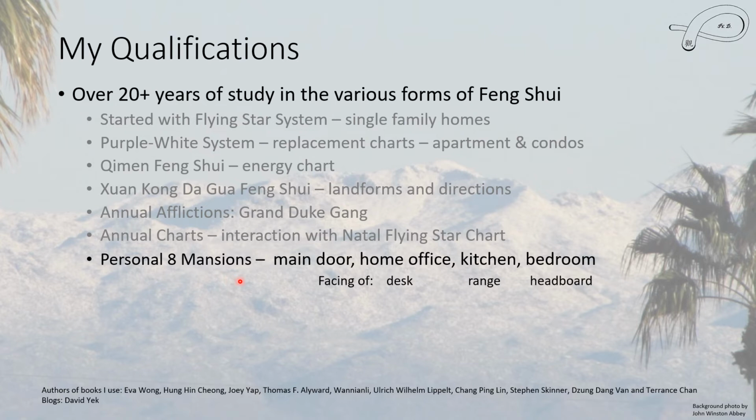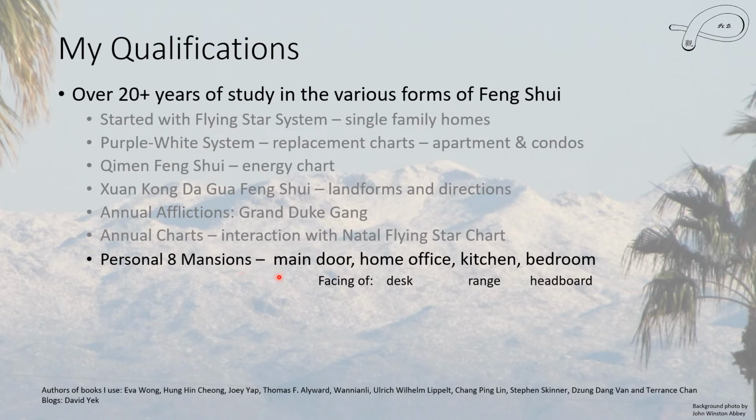When you are looking for a new house, especially, use your personal 8 mansions to help you find a house that has a good facing direction and a good main door facing direction. And in my personal experience, when you get at least one of those right, the house is actually quite good. And this is true of apartments too.